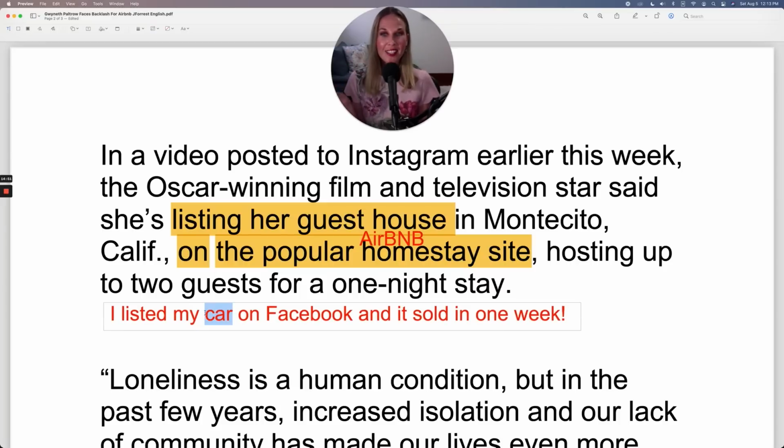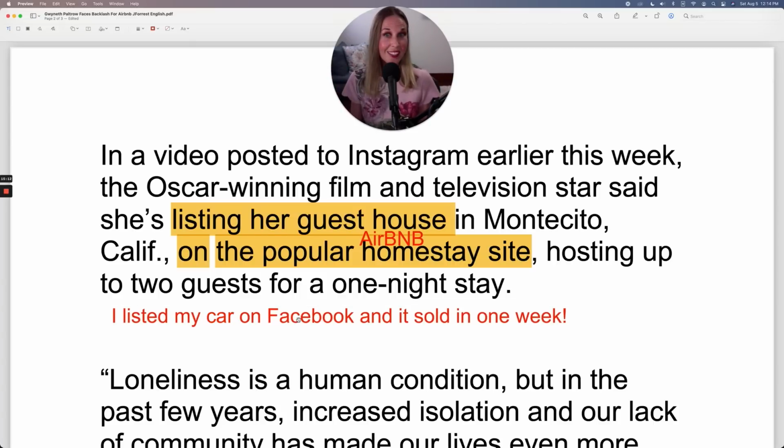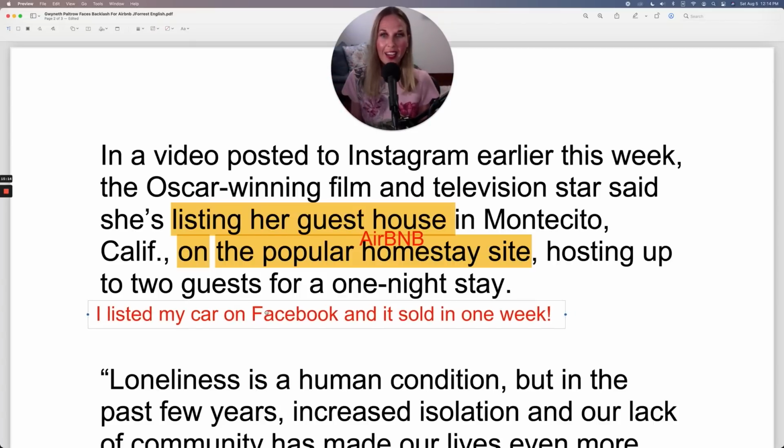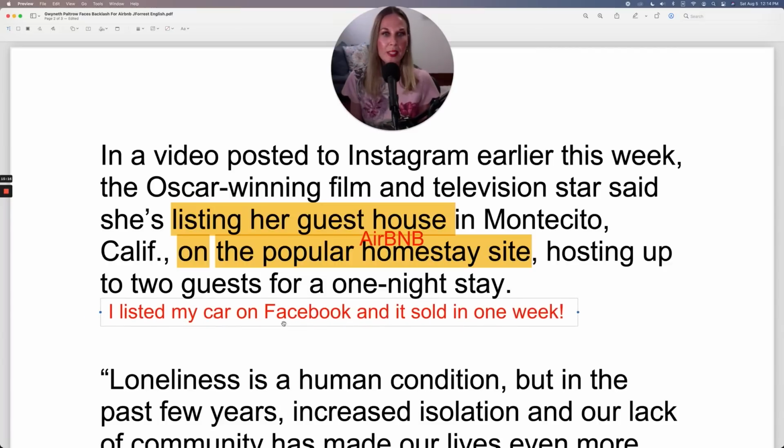Well, I listed my car on Facebook, the Facebook Marketplace, and it sold in 1 week. Now, if I list an item somewhere on a specific site, it means I make it available for purchase or for use. So I did that. What about you? Have you listed any items on any websites?